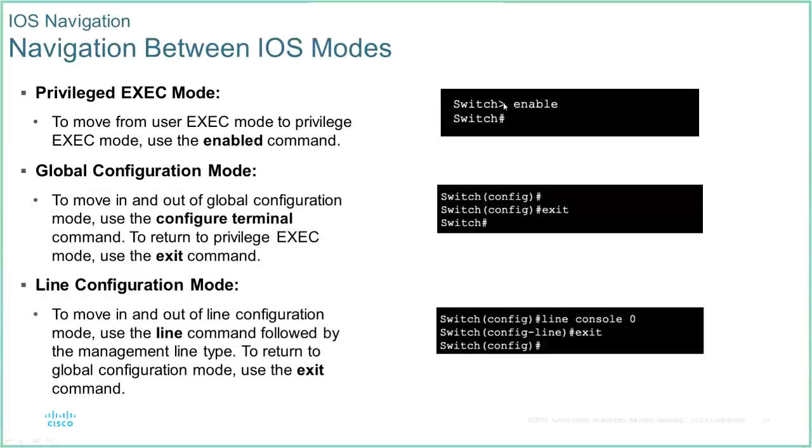So it's a very hierarchical system of commands, and to step through them and reverse is to enable or exit. The other one that we'll probably see in a couple of slides is end. When you're in any of the config modes, if you type in end, it'll take you back to the privileged prompt.